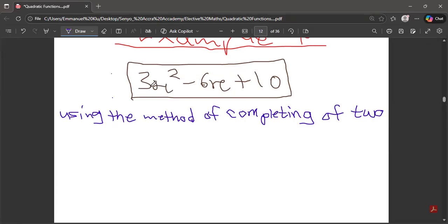Or if you put a equal to 0, the a is the 3 over here. If you put a to be 0, your relation is now going to become a linear function and no more a quadratic function. That is what I also remember saying. Do you remember?